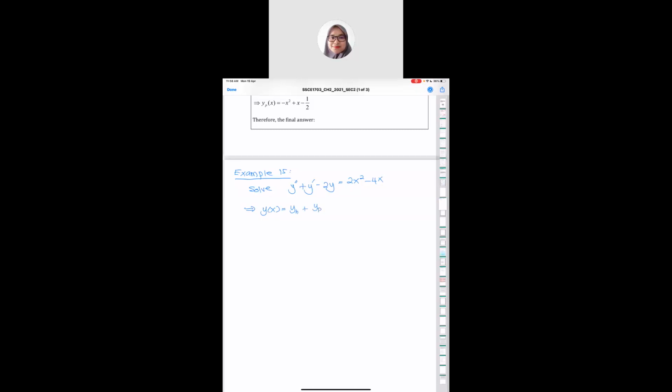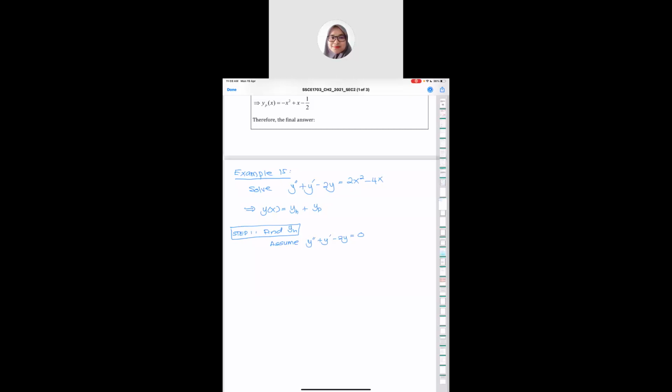So first step, find yh. Macam mana nak dapatkan YH? Kita assume y double prime plus y prime minus 2y equal to 0, sebab kita nak dapatkan homogeneous solution.